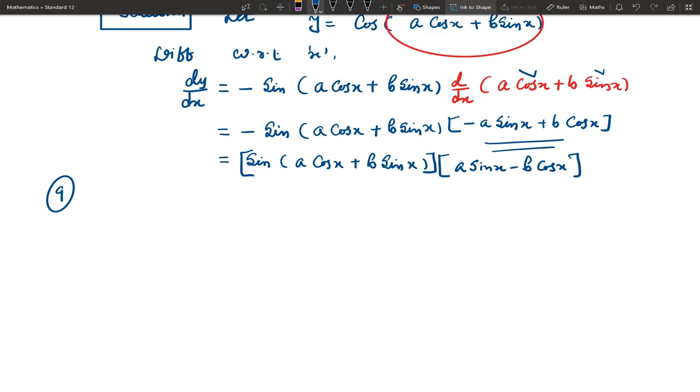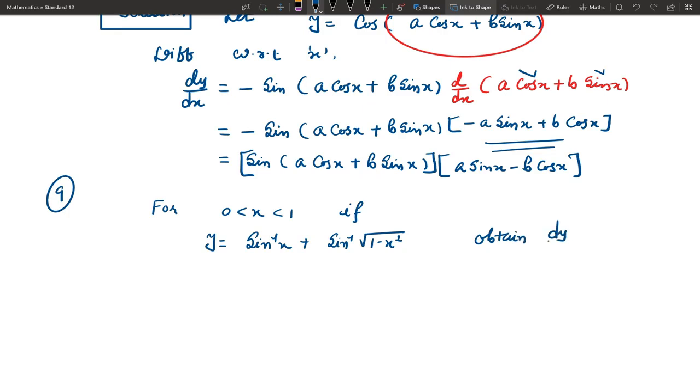We take one simple example. For 0 less than x less than 1, if y equal to sin inverse x plus sin inverse under root 1 minus x square, obtain dy by dx.